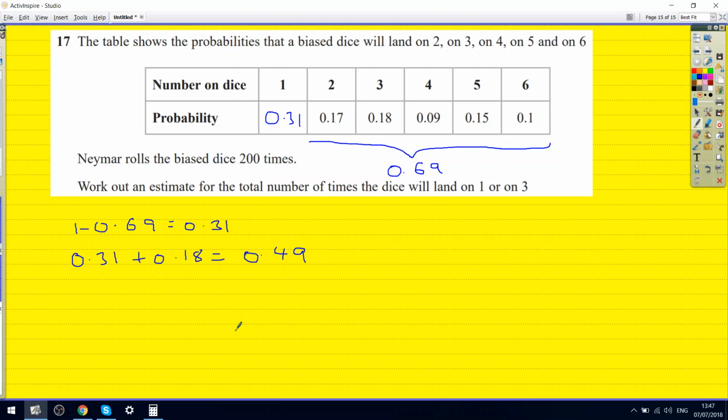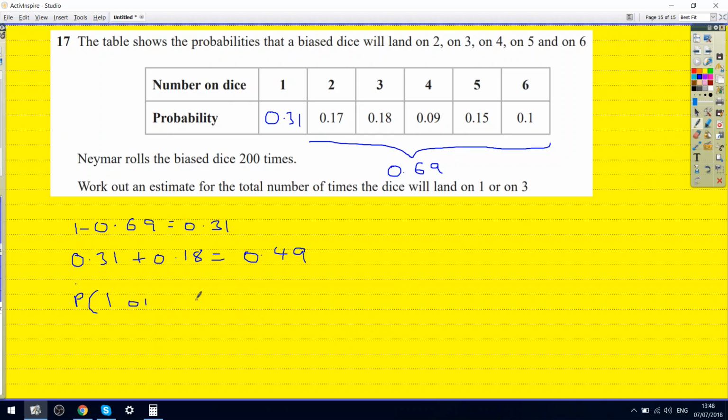It's rolled 200 times. How many times would you expect it to land on a 1 or a 3? It's 50-50, so 100. No, 99 times. So you're close, but I think just by coincidence.